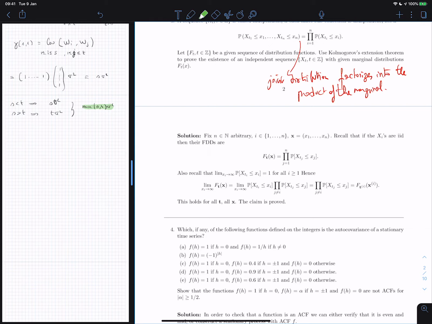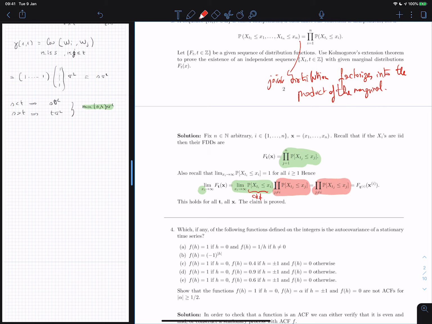It's quite immediate. In the product from 1 to n, you get out the ith component, and you're left with the product without the ith component. Now if you let x_i go to infinity, this goes to 1, because this thing here is a CDF. And the limit as x_i goes to infinity is exactly this one, the red one.